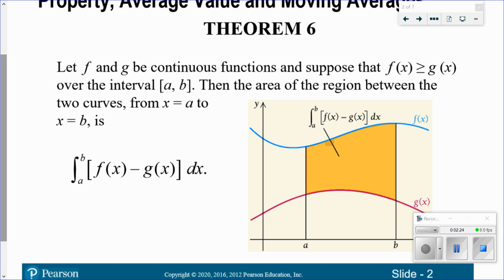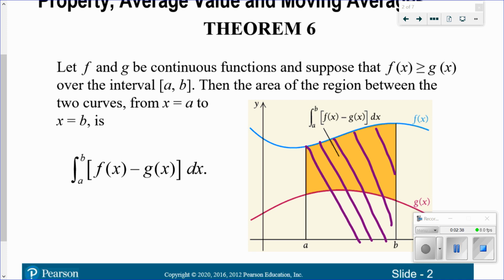What happens if I find the antiderivative of f of x? What area would that give me? Well, that gives me this whole area all the way down to the bottom, which is not what I want. I only want this area in gold.